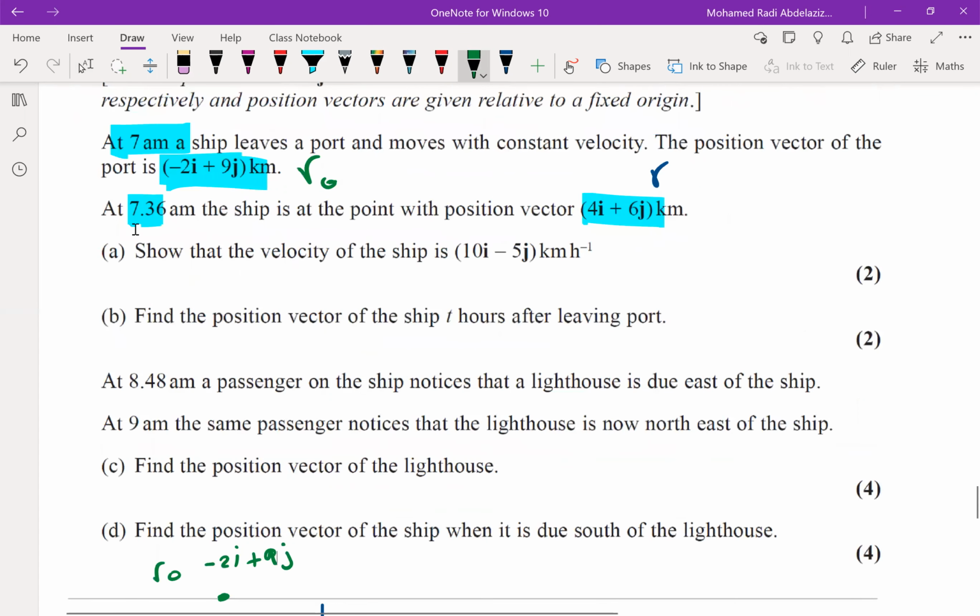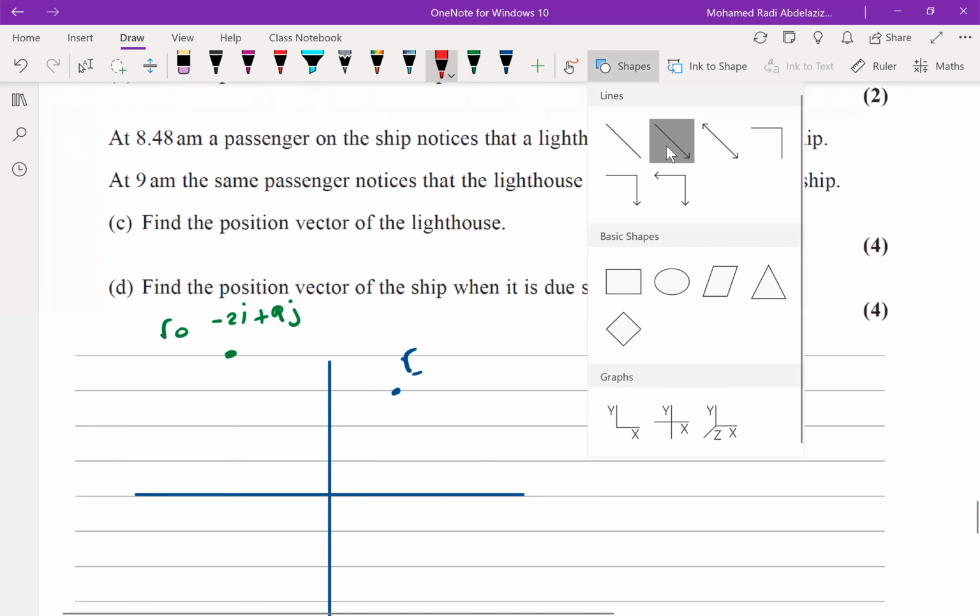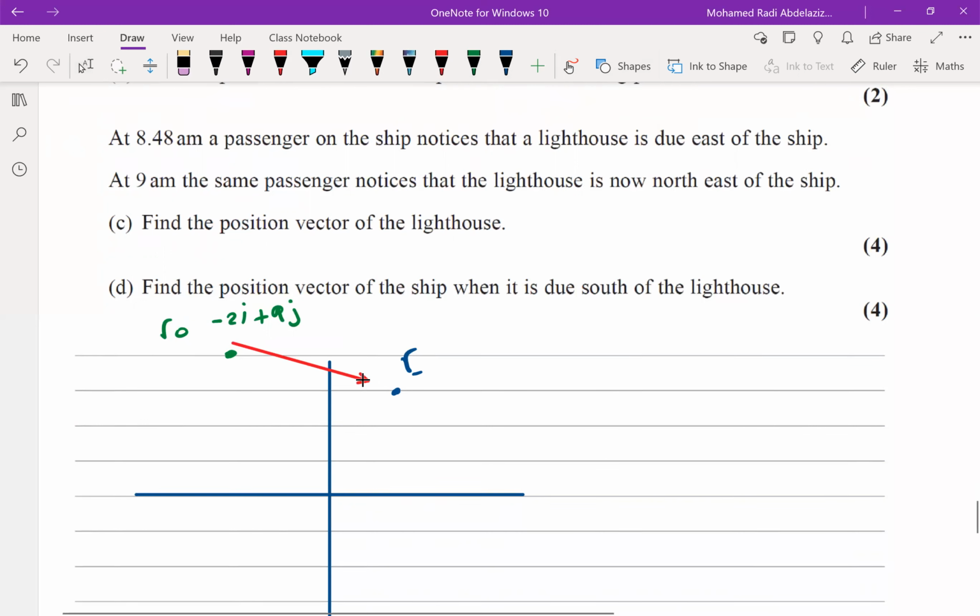Then at 7:36 a.m., the ship is at the point 4 and 6. Let's say this is the final position. This is the path of the ship from this position to this position.